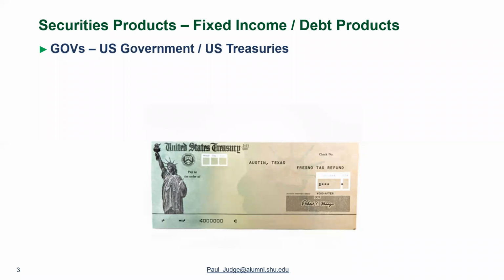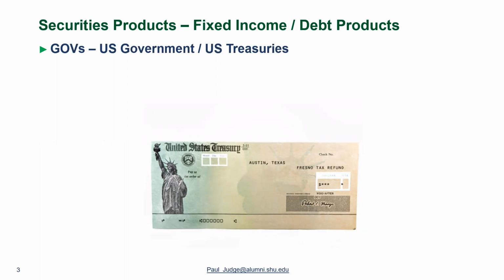We're going to start talking about governments, U.S. government, Treasury securities. So basically, and I said this earlier, people talk about govies or treasuries or U.S. government, they're all the same.